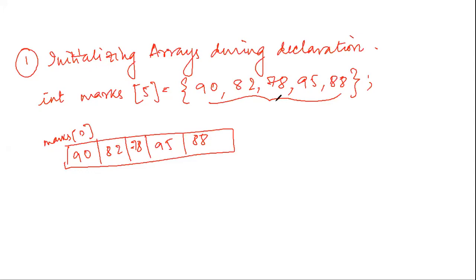So this is the meaning of this type of initialization, that is, within curly brackets, you give the elements. Now, a few things here I will write, so that this type of declaration has a few other meanings as well. I will write it one by one.